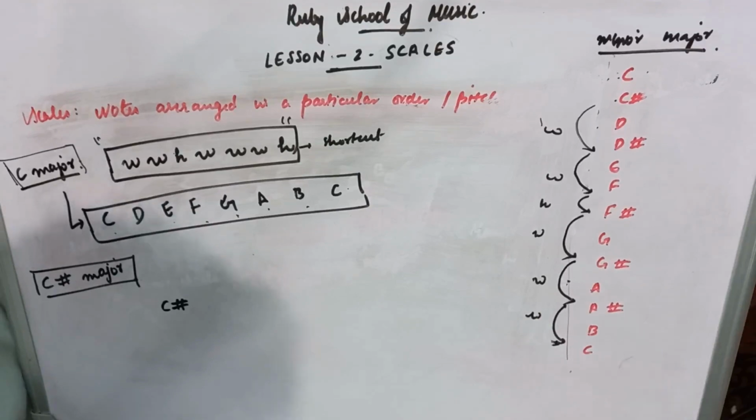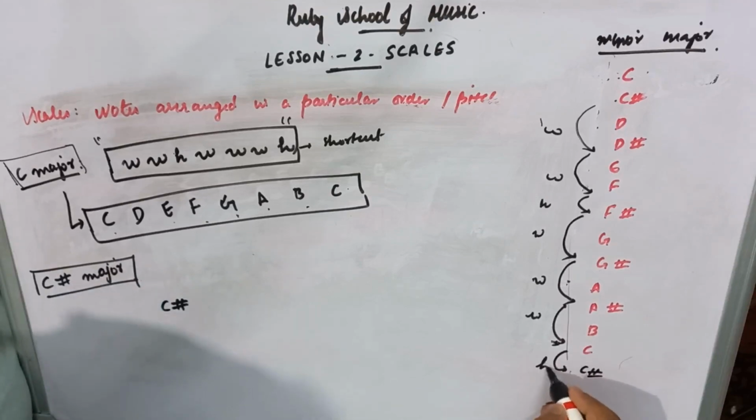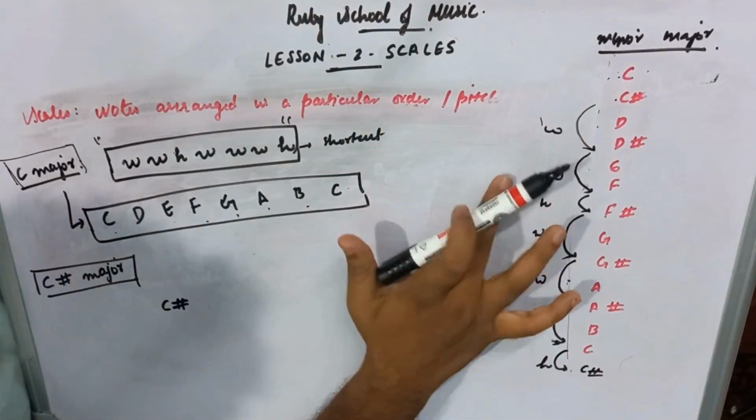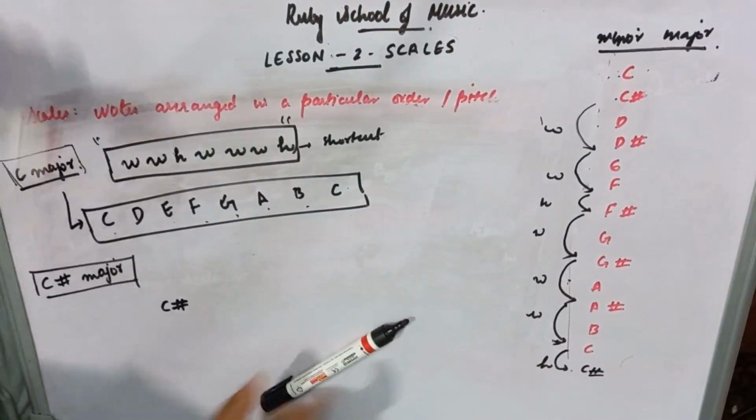Now the next note will be, what comes after C? That is C sharp, half. So whole, whole, half, whole, whole, whole, half. So let's write the notes down.